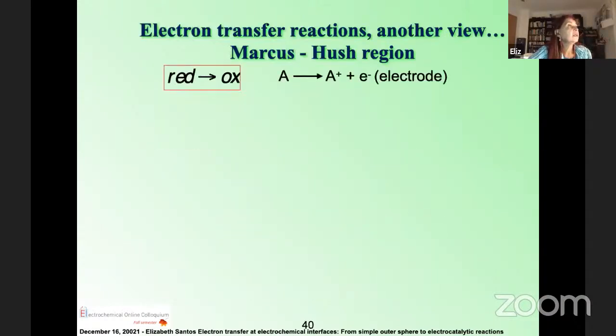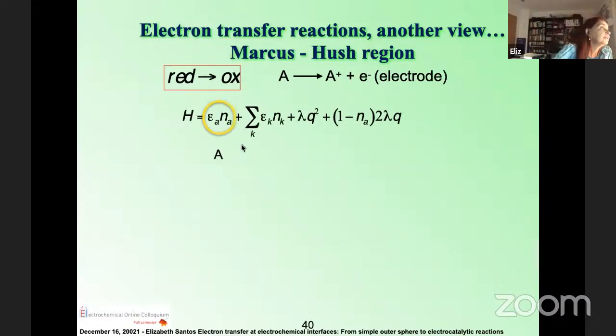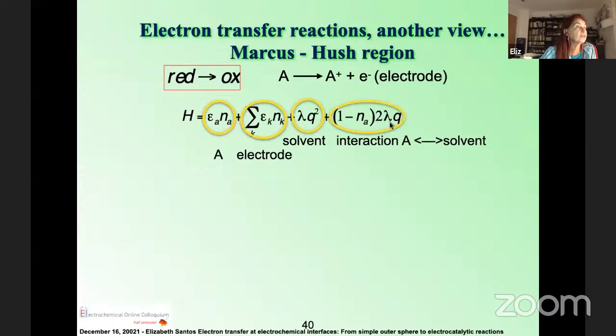Then, in this case, in this Marcus region, here is the Hamiltonian. We have a component that takes into account the reactant, the states in the electrode, the solvent, and then the interaction between the reactant and the solvent. For this case, the important interaction is between the solvent and the reactant.